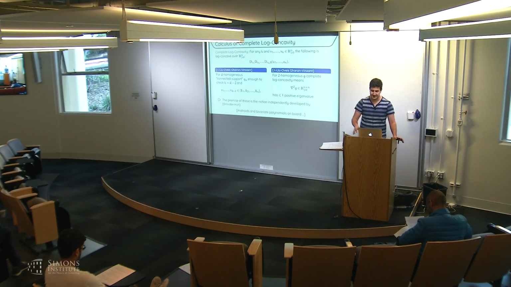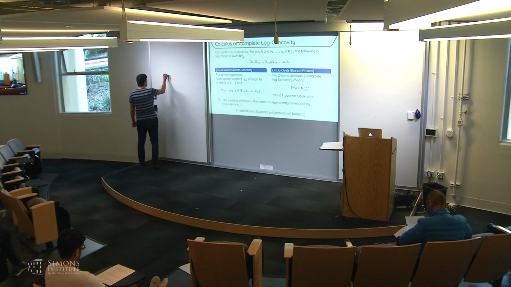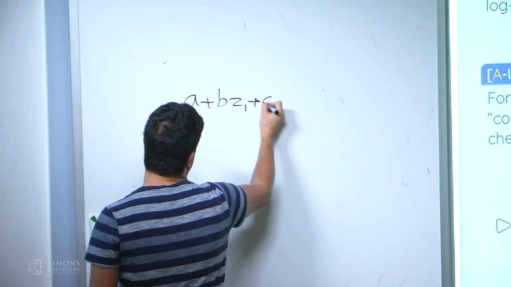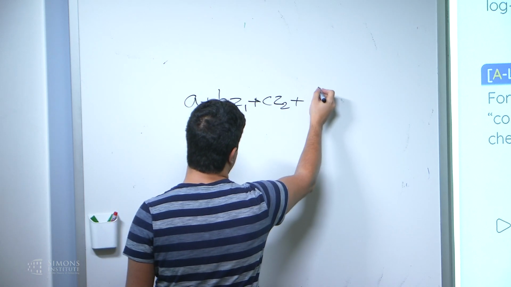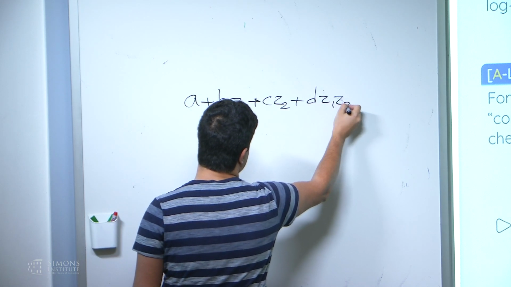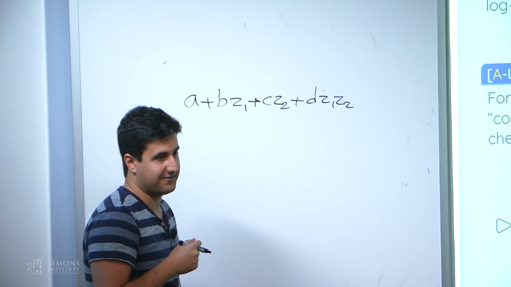Let's just see what we get for bivariate multi-affine polynomials, right? So the question is, you have a polynomial of this form, and you can also assume exercise 1, I guess. So when is such a thing log-concave?